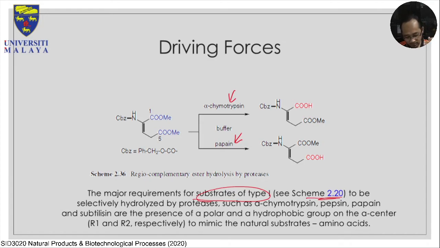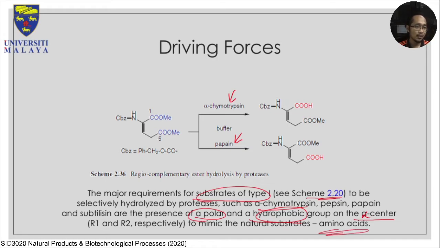Okay, it says the major requirement for substrate type 1 to be selectively hydrolyzed by a protease such as alpha-chymotrypsin, the top enzyme, pepsin or papain, or subtilisin are the presence of a polar and hydrophobic group in the alpha center of R1 and R2 respectively, to mimic the natural substance amino acids.